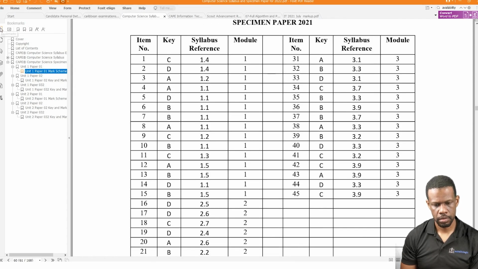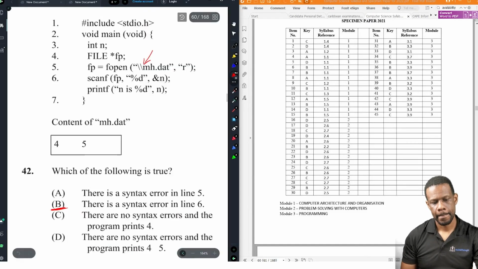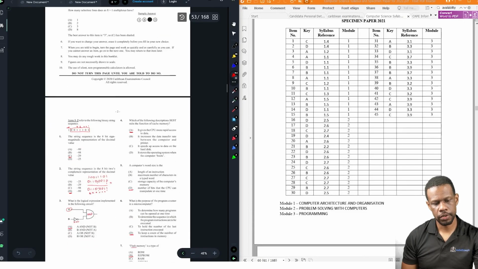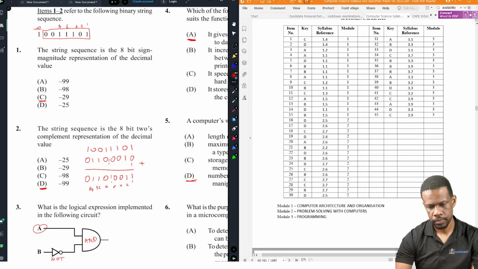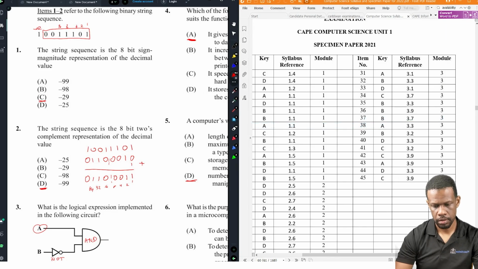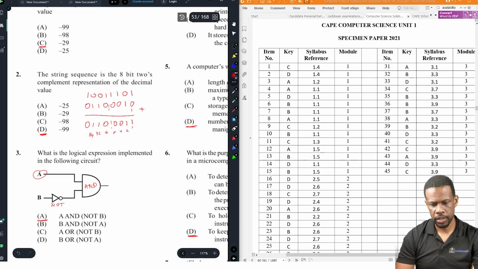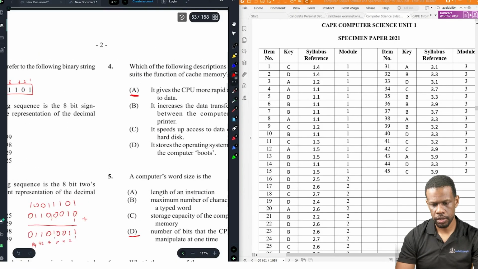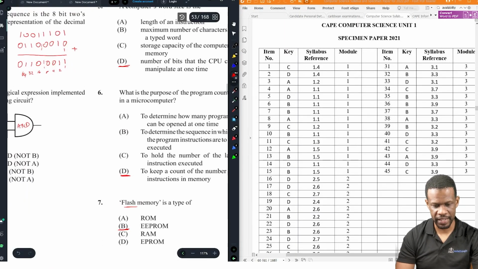Alright, for number 1, we had C. They have C. Then we have D for number 2, A for number 3, number 4 is A, number 5 is D, number 6. Oh, they have B.